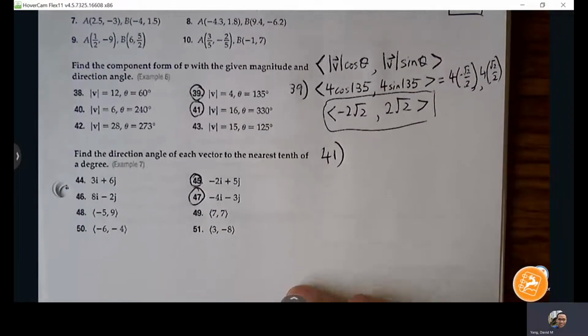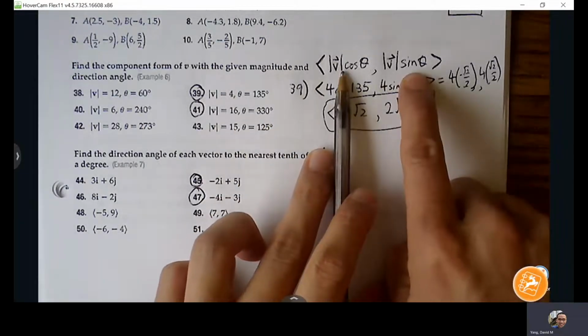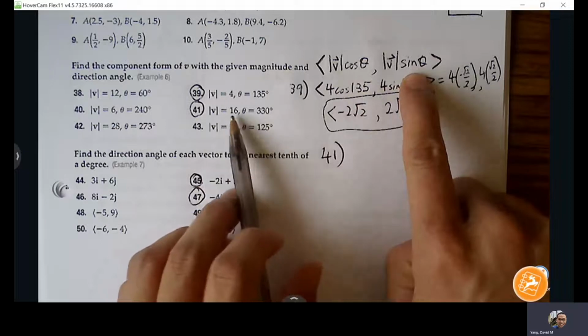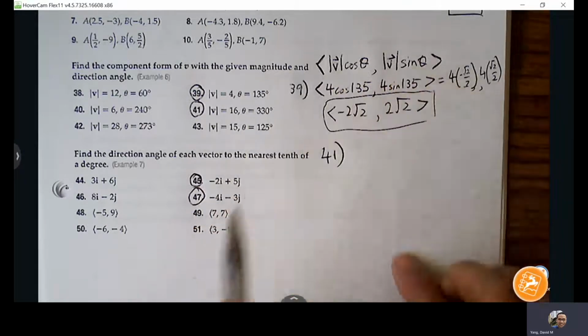Okay, 41. Magnitude and direction. You can draw a triangle if you want, solve for x and y using sine and cosine, or plug it directly into our adapted formula.